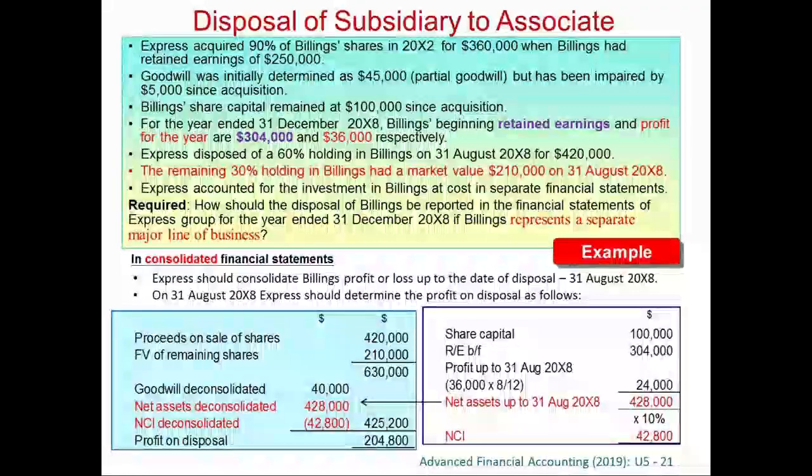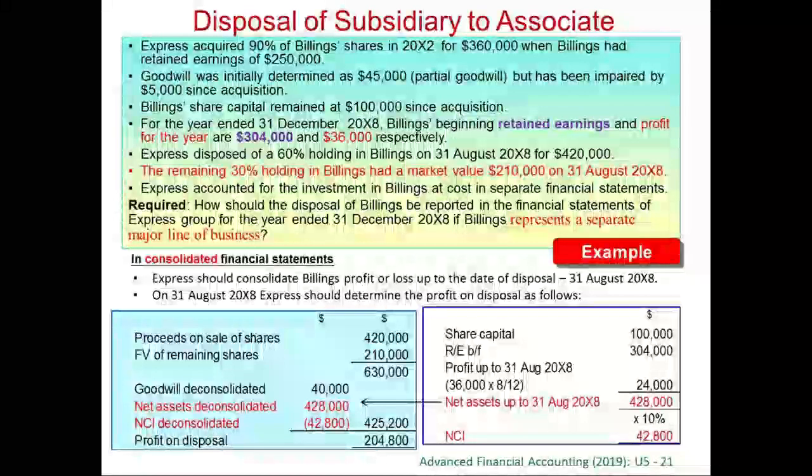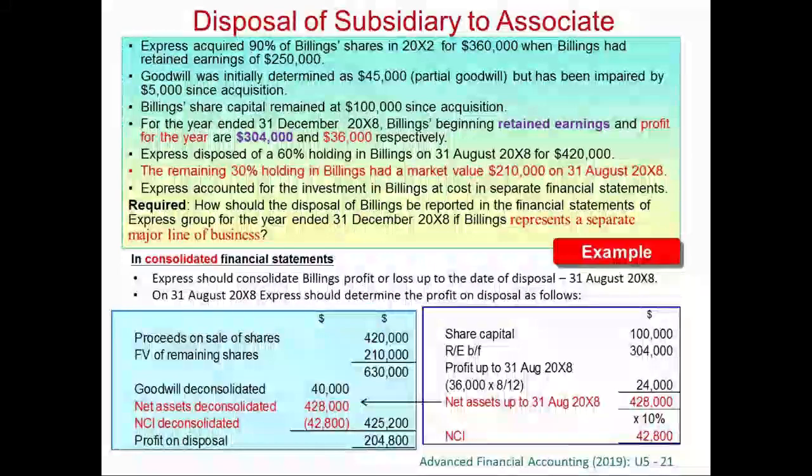Not only goodwill, we lose the net assets as well. We lose the net assets of the subsidiary at the day of disposal. How much is the net assets at the day of disposal? The question did not tell us anything about the assets and liability. Therefore, we calculate the figure from the equity section. So at the day of disposal, the share capital, 100,000.